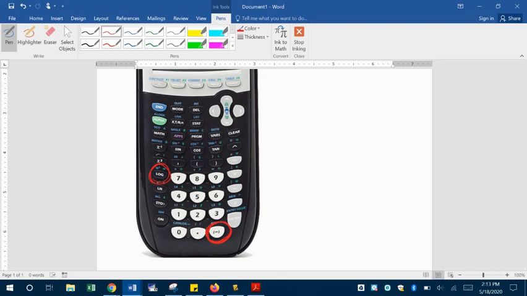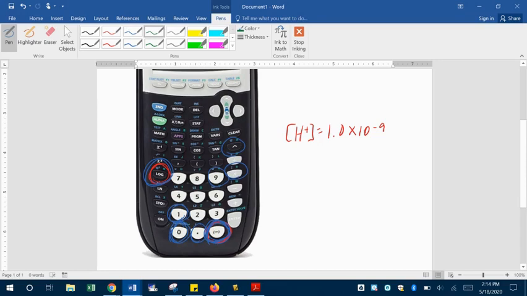So for example, if we look at number 1, it is H plus equals 1.0 times 10 to the negative 9. So in order to enter this into my calculator, I'm going to first hit the minus and then the log, and then I'm going to do 1.0 times 10, and I'm going to use the caret, negative 9. So let me walk you through that again.